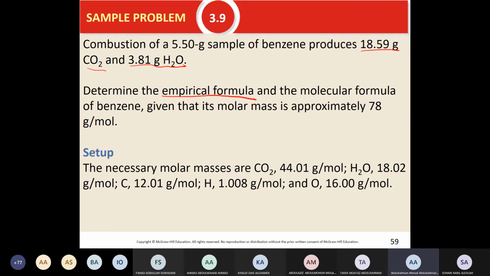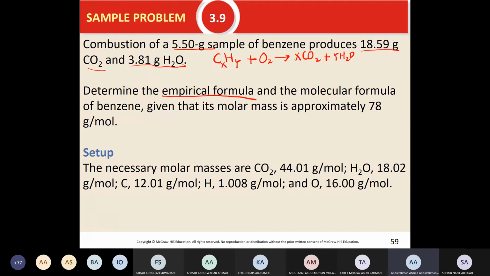Find the empirical formula for this compound. This compound consists only of carbon and hydrogen, so this is X and this is Y. We reacted with what now? Oxygen, to make what? Carbon dioxide and water: X CO2 and Y H2O.